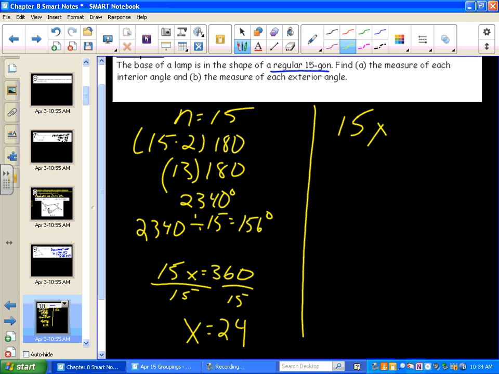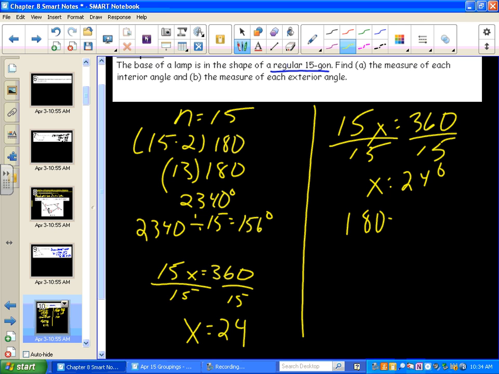When you add them all together, they have to equal 360. Divide by 15, x equals 24. So you get 24 degrees for the exterior. Now, how can you get the interior? Pierce. 180 minus 24 will give you the interior at 156. So you can do it on the left or on the right, it doesn't matter.